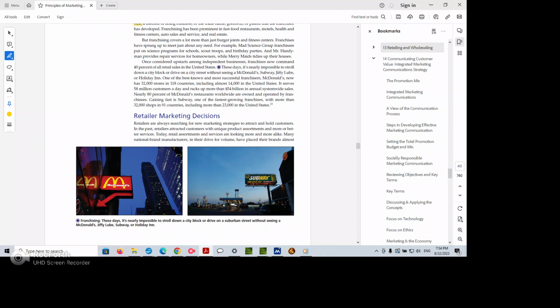Now, if we're talking about retail marketing decisions, let's go into detail about what that is. Retailers are always searching for new marketing strategies to attract and hold customers. In the past, retailers attracted customers with unique product assortments and more or better services. This is a premise. Today, retail assortments and services are looking more and more alike.